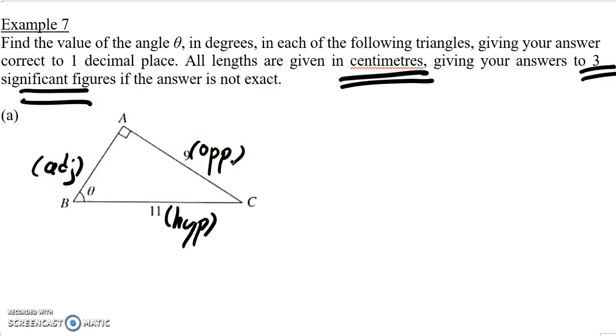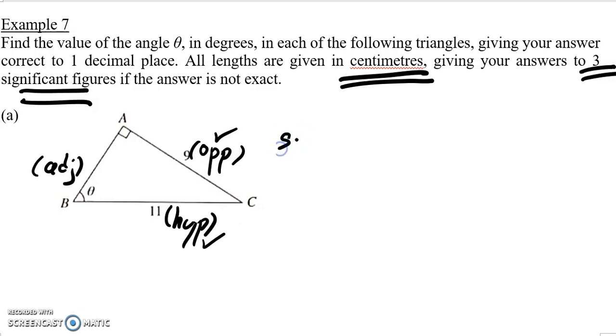Now, based on this, looking at the question again, we have information on our opposite side and the hypo side. So, as a result, O and H, what can we use? Yes, you're right. We can use sine.